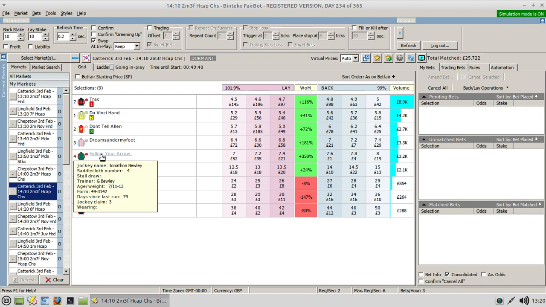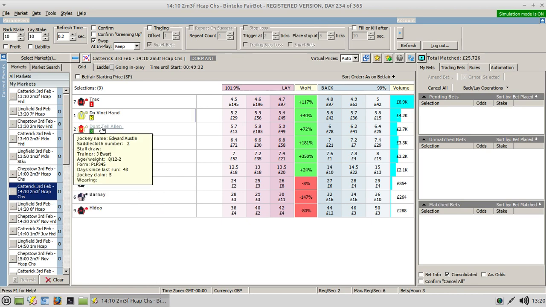Right, so we're looking at Follow Your Arrow, which is a 14/2. So that's 7. Dreams Under My Feet is 9. Right, so I think we can get rid of Don't Tell Alan because it's sitting at 12 and its form has been slowly decreasing.